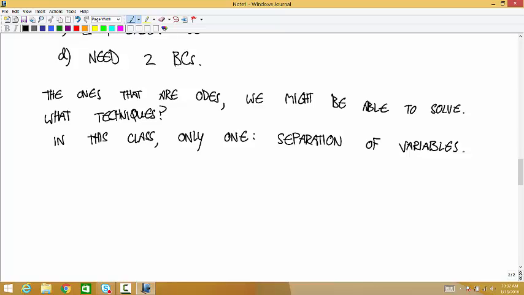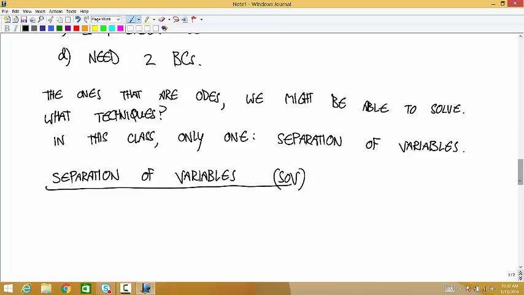Okay, so here's separation of variables. I'm going to abbreviate that SOV.